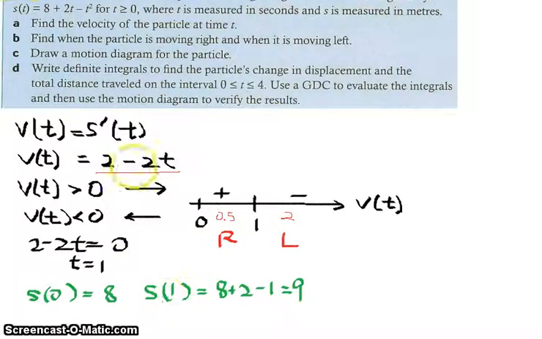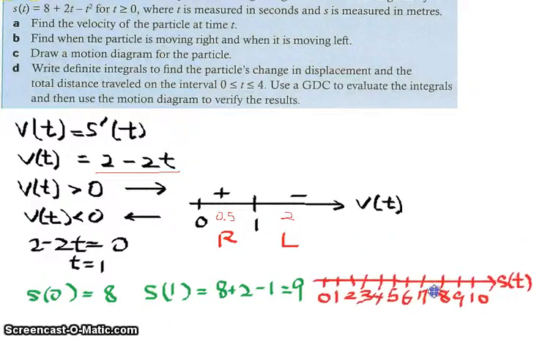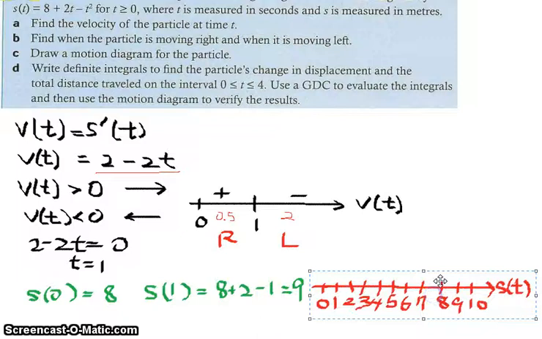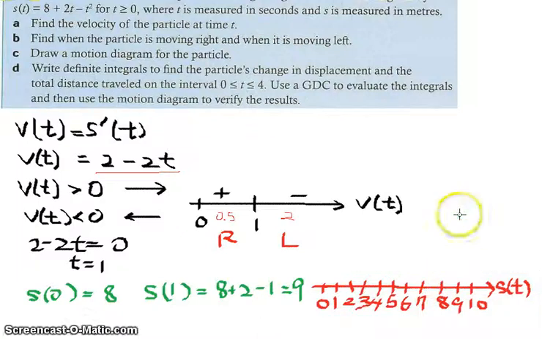And from part B, I already figured out when my particle travels to the right and when my particle travels to the left. So I'm going to use the information I have here to draw this motion diagram that I have on the right over on this side. So let me use blue.